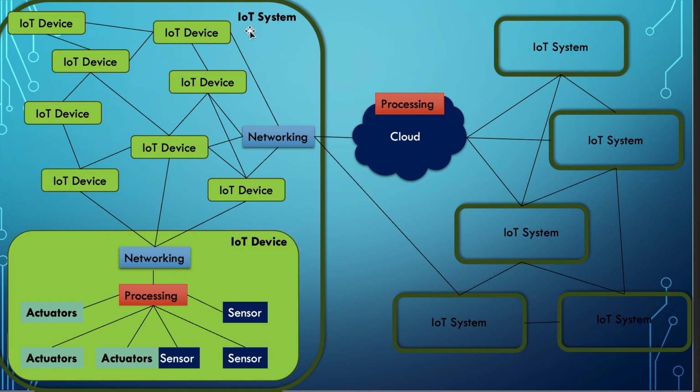So in this IoT system, we cannot say there will be 40 devices or 30 devices. It is an n number of devices. Depending on the criteria and the need, there will be a lot of devices added into each IoT system.